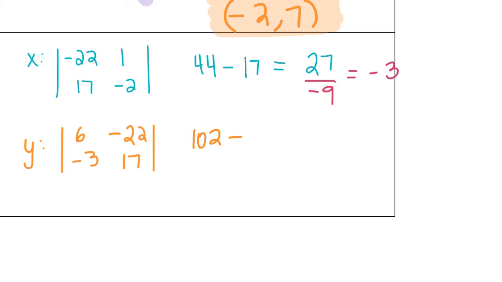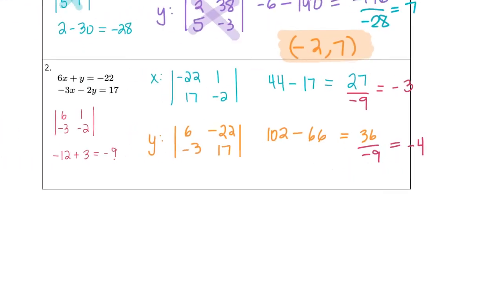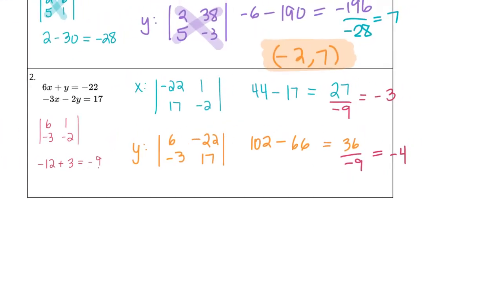Minus 3 times 22 is 66. So this gives us 36. But we still need to divide by negative 9, which gives me negative 4. So I have a value for x, I have a value for y, so I officially know the solution to this system is going to be negative 3, negative 4.